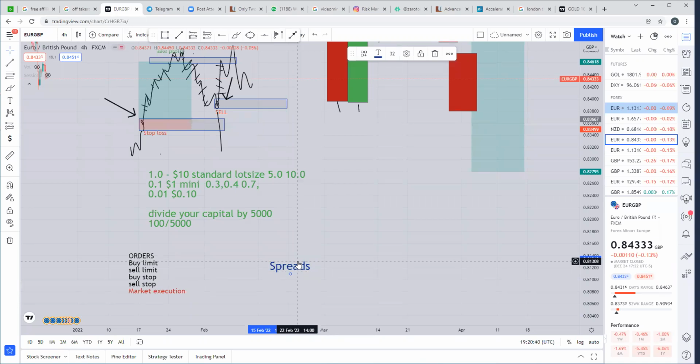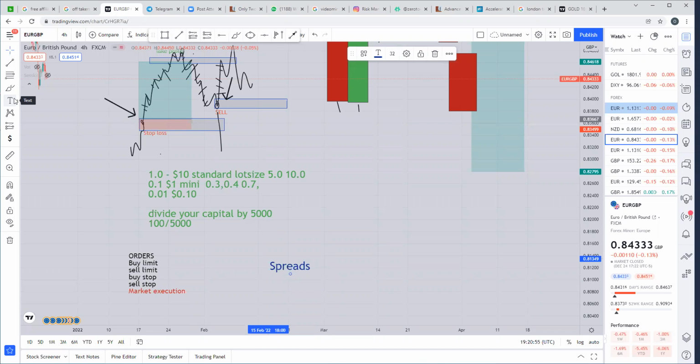That is another thing we should look into: leverage. When you open your trading account with a broker, you see somewhere where they ask what leverage you want: 1 to 200, 1 to 1,000, depending on the broker.